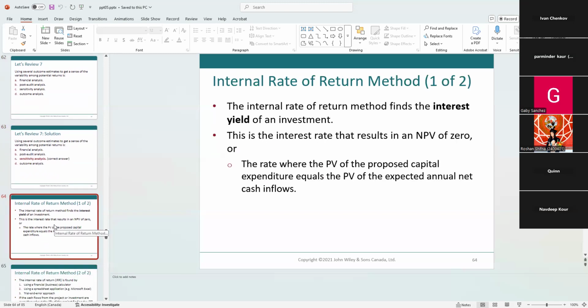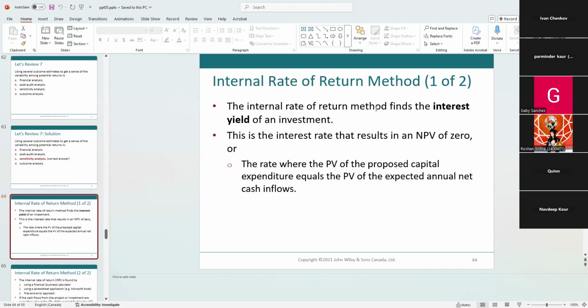Let's go now with the internal rate of return. Internal rate of return is a method where we're using the rate which usually the owners of the company require.